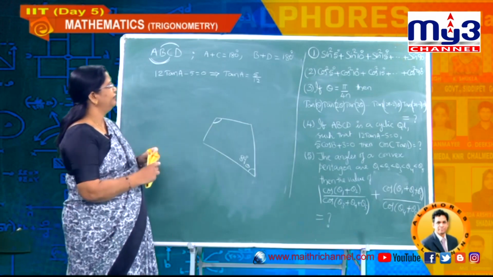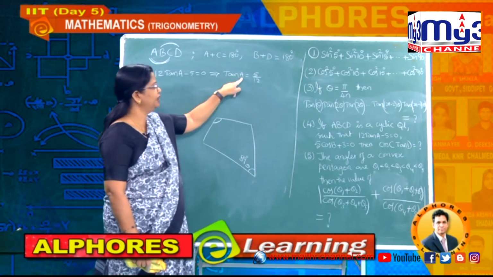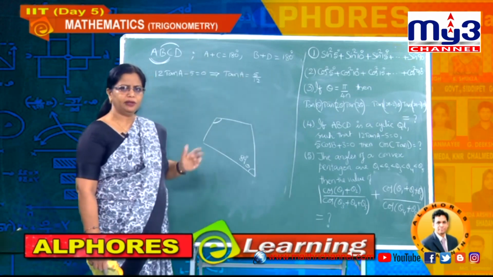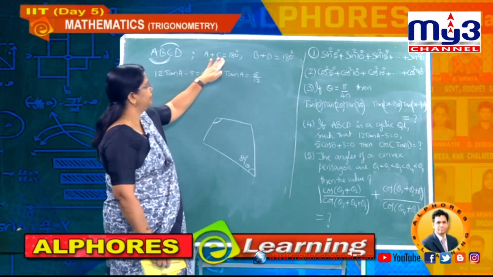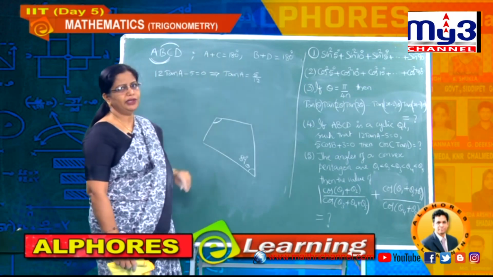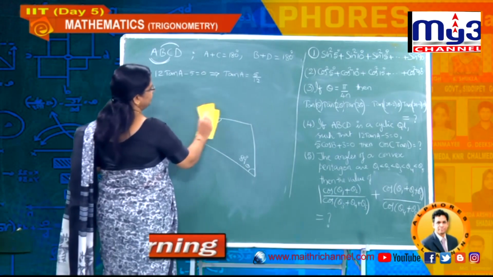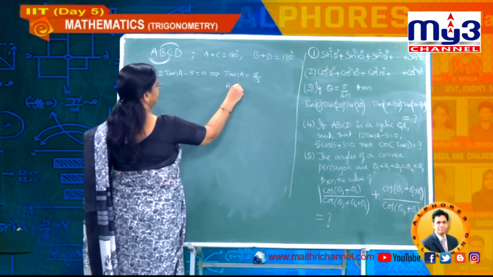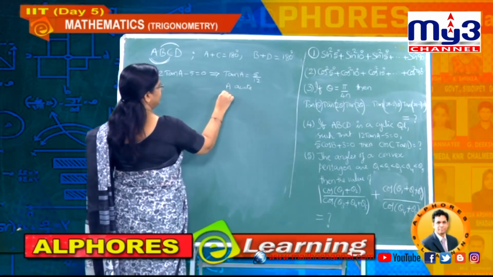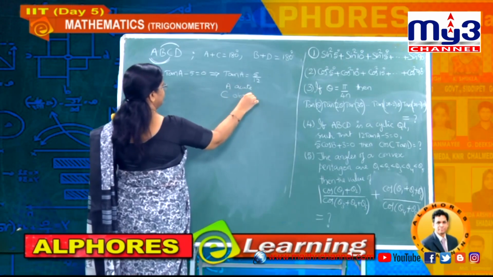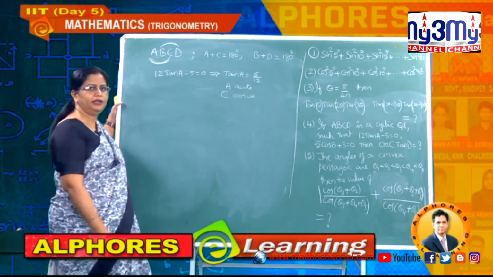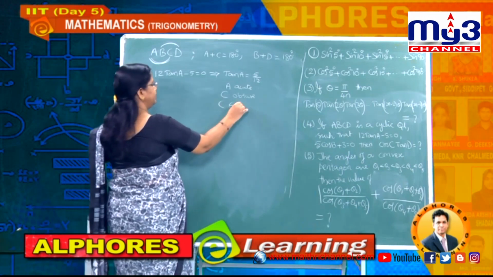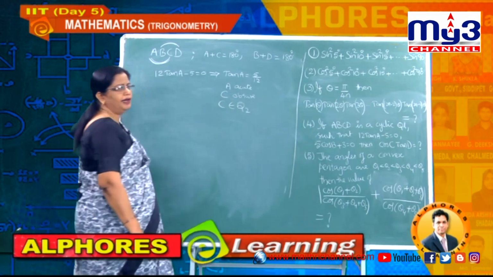That is why whenever one value A is acute, this C value has to be obtuse, then only can the sum be 180 degrees. Hence A I am taking as acute, and thereby C is obtuse. Where will it be? In the second quadrant, and hence C belongs to the second quadrant.